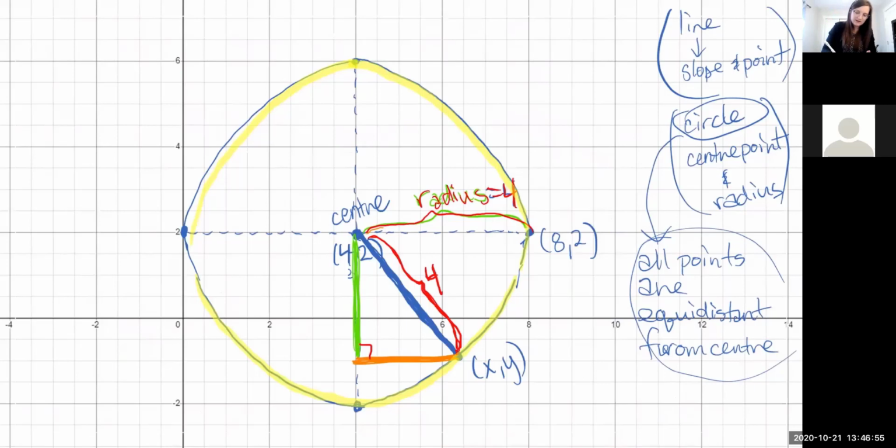So right now I have 2 points, 4, 2, and xy. Those are my 2 points that I'm looking at in terms of basically writing the distance equation for. It's just xy is going to be general.